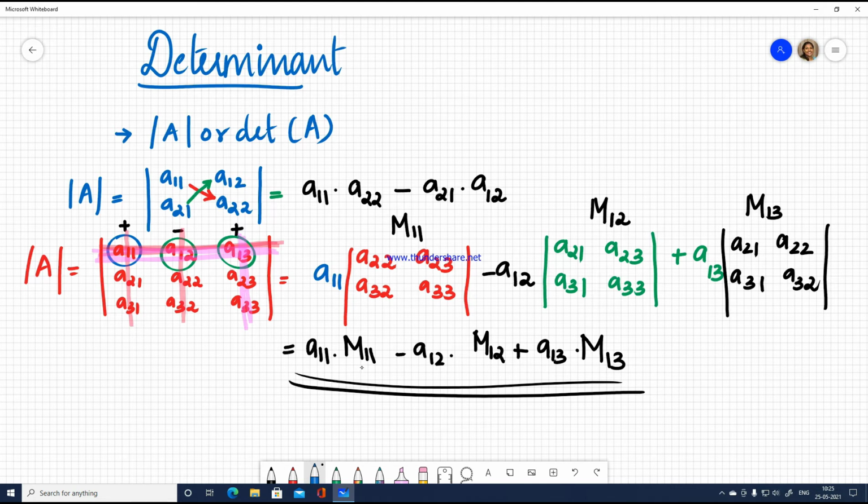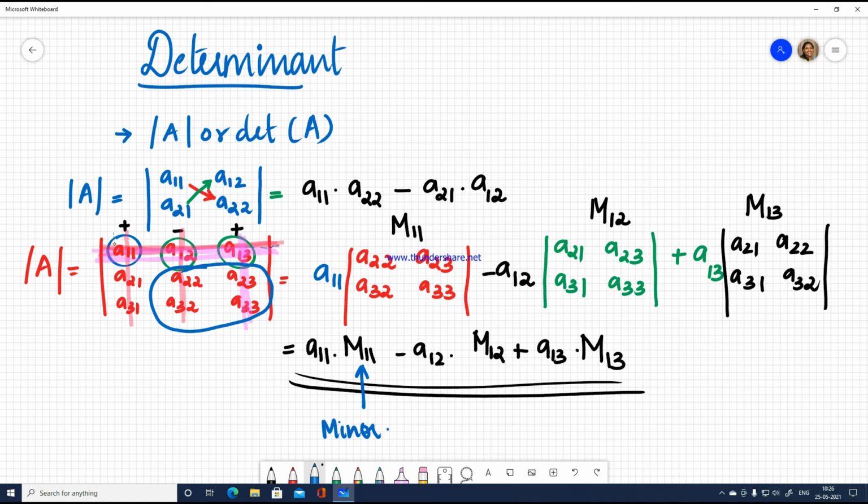This M is called a minor. The minor of an element of a matrix is defined as the determinant of a submatrix. Suppose we cover this particular row and this particular column, we get the submatrix of this element. So the minor of A11 is the determinant of that submatrix. For A12, it is the determinant of A21, A31, A23, A33. The minor of an element of a matrix is the determinant of the submatrix obtained by deleting the row and column of that element.